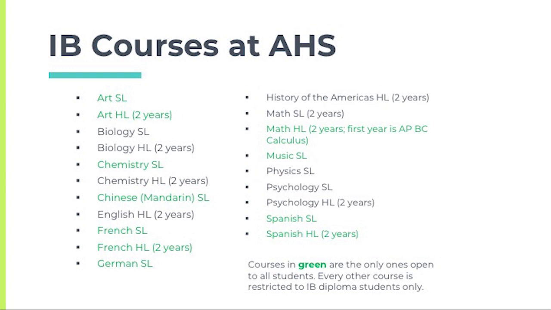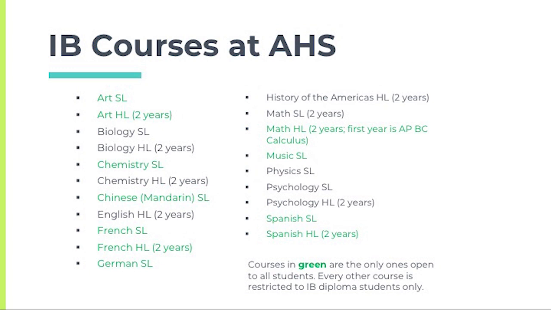You will also see the letters SL and HL after these classes. That has to do with teaching hours. So a standard level class requires 150 teaching hours and usually is finished in 1 year. The exception to that is standard level math. That is a 2-year long course.